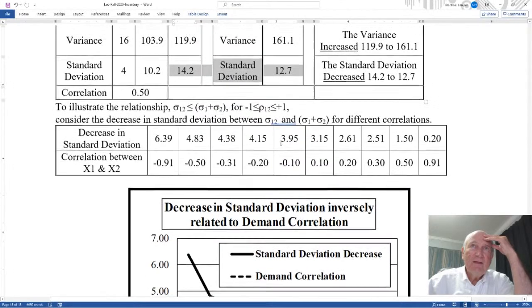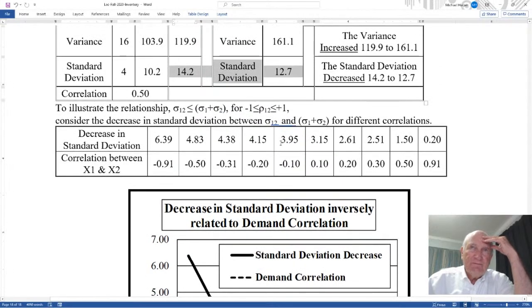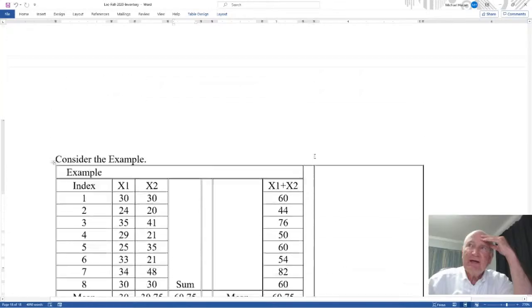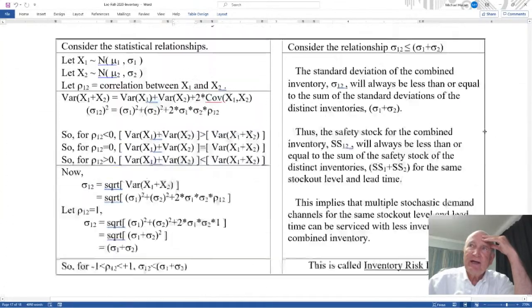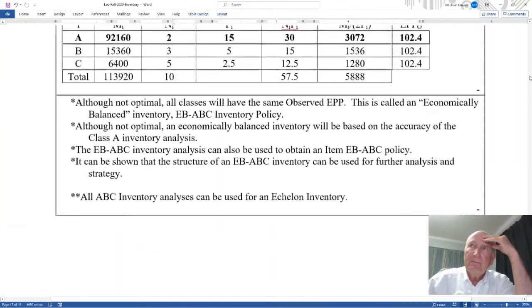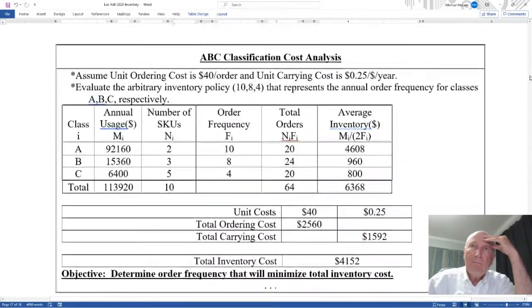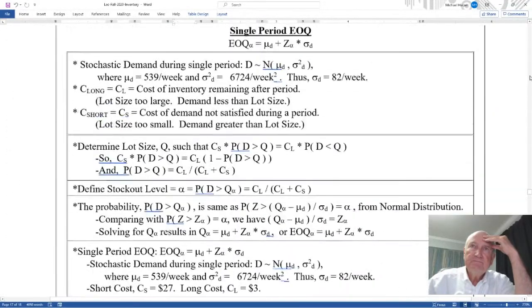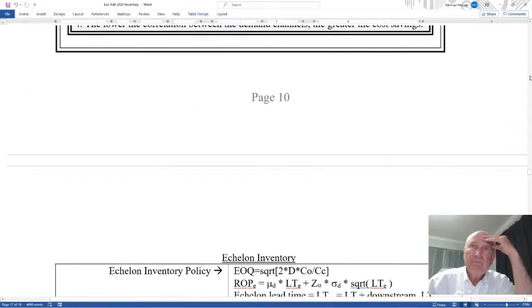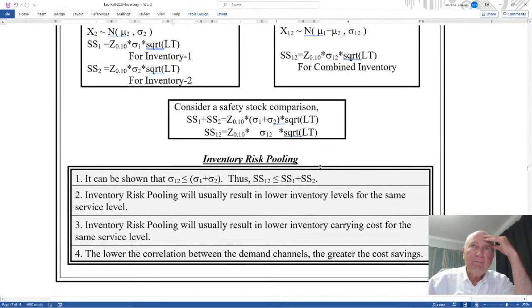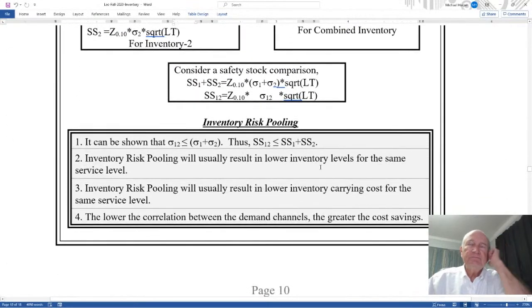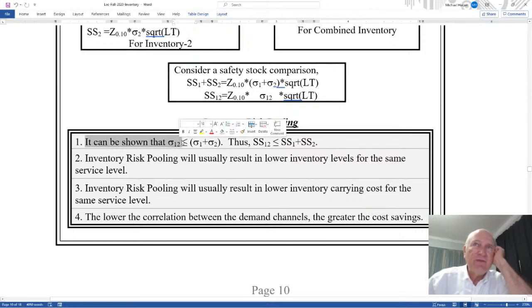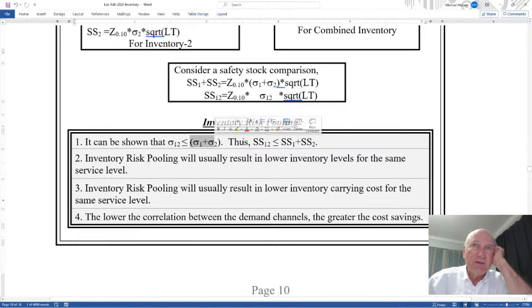I say usually, because, this is on page 18, let's go back to 10. It can be shown that this sigma is less than or equal to the sum of the two.